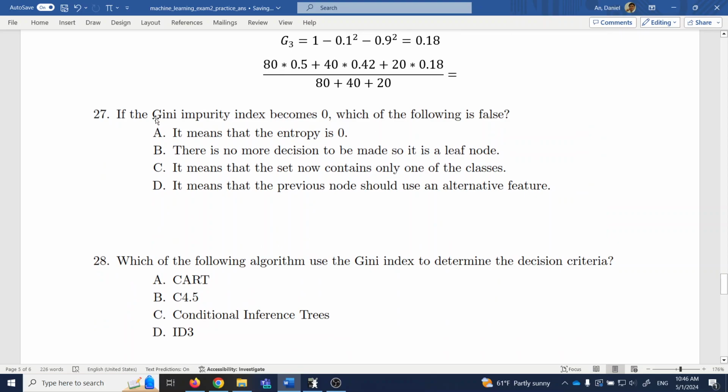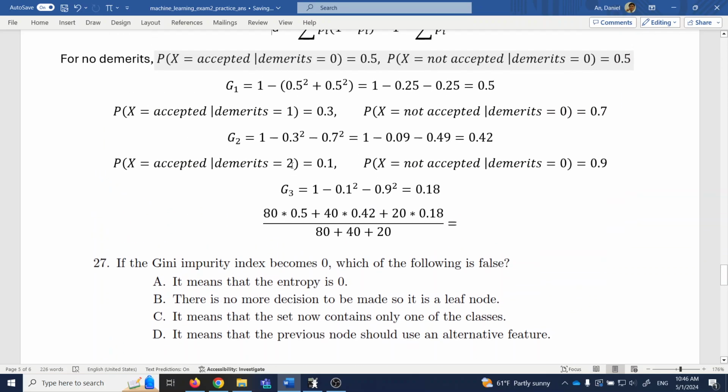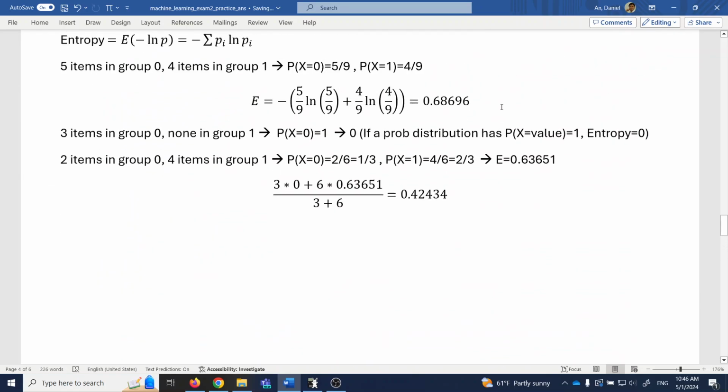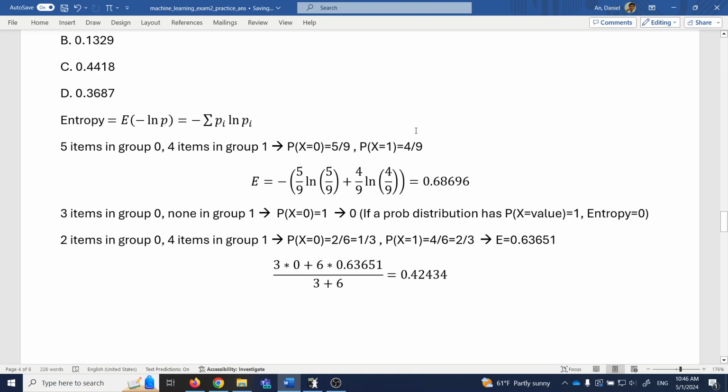If the Gini impurity index becomes 0, which of the following is false? Well, Gini impurity index will become 0 if you just have one p, which is 1. So you have 1 minus 1, which will be 0. But I've also explained that that's true for entropy as well.